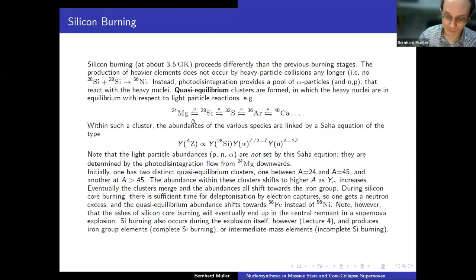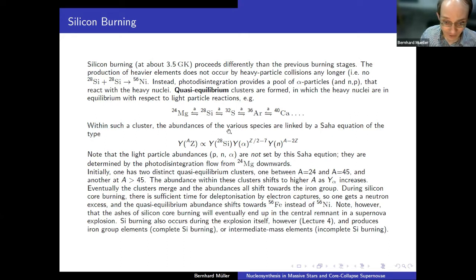An alpha capture on silicon-28 gets to sulfur-32, and another alpha capture gets you to argon-36, and so on and on to the iron group. And this is not a one-sided reaction. The alphas can also be knocked out by gammas, and you get into an equilibrium state. And the equilibrium state really depends on how many alphas are around.